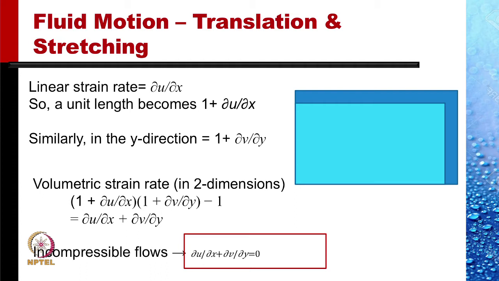This is the volumetric strain rate. Now, if the fluid is incompressible, then delta u by delta x plus delta v by delta y should be 0. This is the famous continuity equation for incompressible flows that we will discuss in the next lecture.